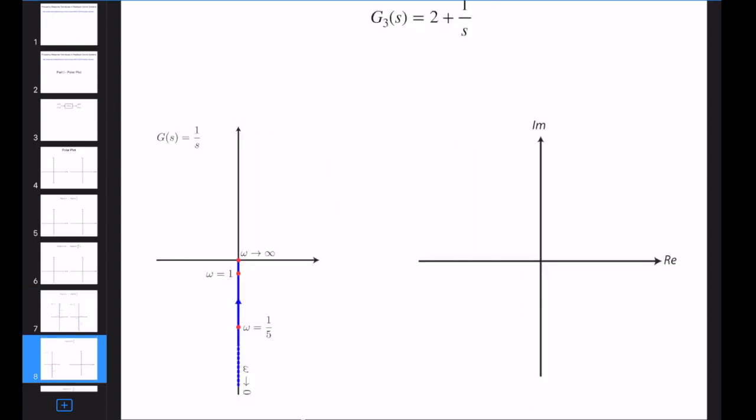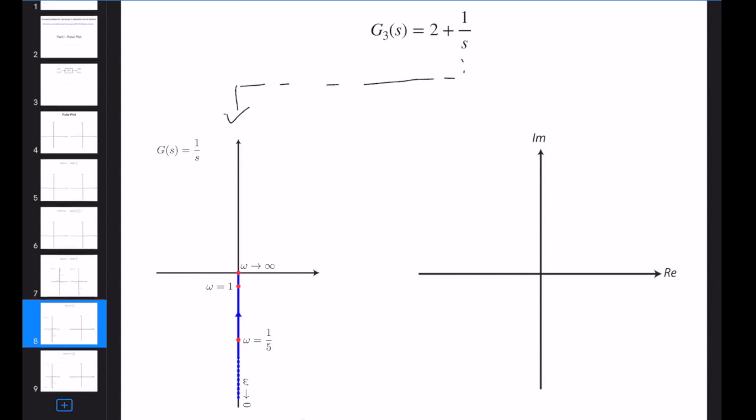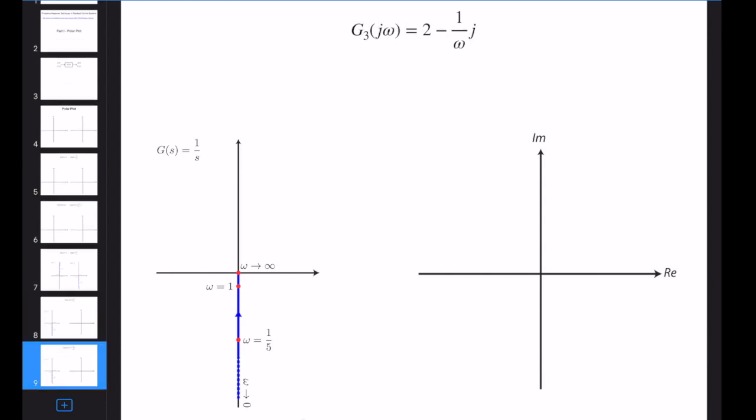Let's start something different. G of s is equal to 2 plus 1 over s. We already plotted 1 over s in the polar plot, so what happens if we add 2? First, let's write the complex plane for the j omega equation. It is equal to 2 minus 1 over omega times j.